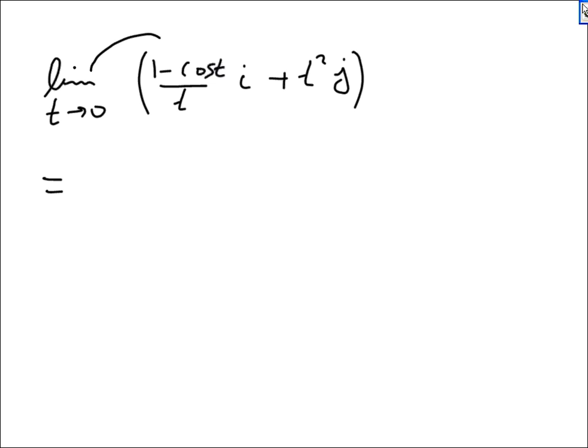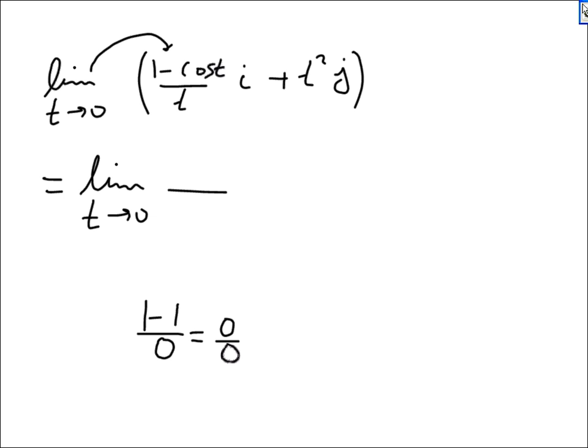Well, first it's the limit of the first. Well, 1 minus cosine of 0 is 0 over t, which is 0. It's 0 over 0. Well, then we have to invoke L'Hopital's rule, because the limit is t goes to 0.